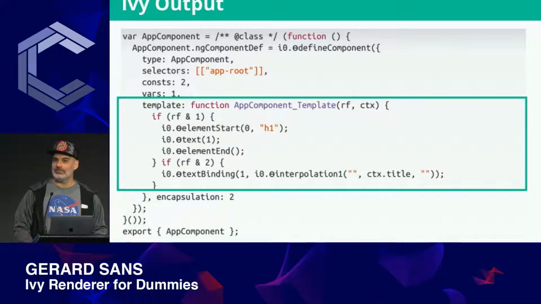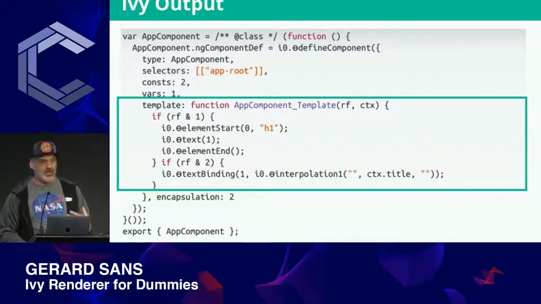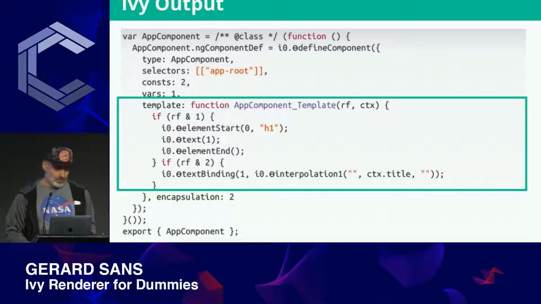Okay, all clear? Yeah, good. So it's pretty easy to follow, and that will also improve the debugging experience, besides also making better performance overall. So this is how the Ivy renderer looks like for a component like the one I showed you.